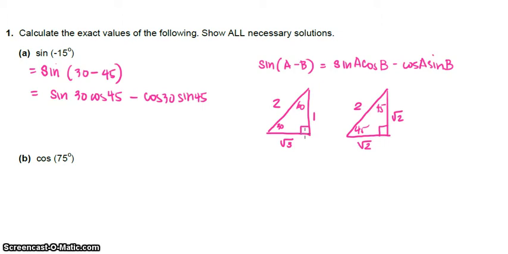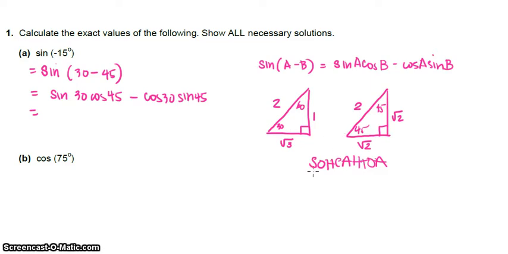Knowing these two triangles, you can find the sine 30, cosine 45, cosine 30, and sine 45 easily. For example, if I have to find sine 30, remember from SOHCAHTOA, if I'm looking for sine of an angle, I can use this triangle or this triangle depending on the angle.